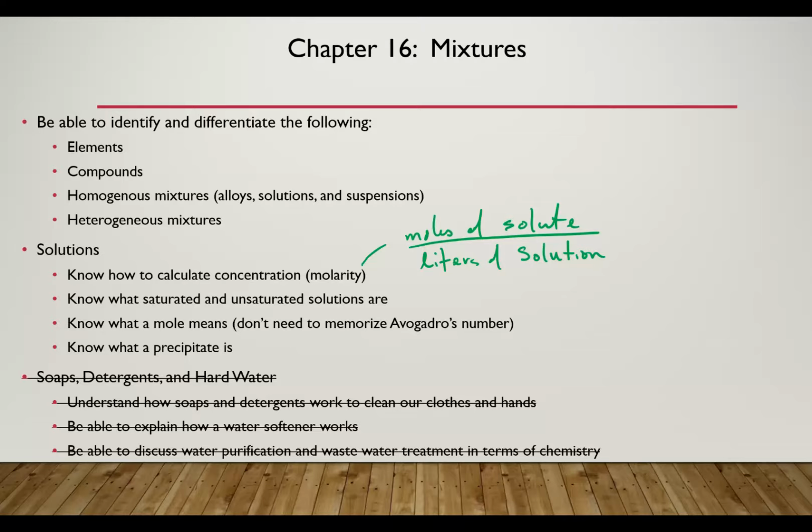A mole is 6.022 times 10 to the 23rd molecules. That's Avogadro's number. You don't have to have it memorized. It will be on your equation sheet. So 6.022 times 10 to the 23rd molecules is a mole.